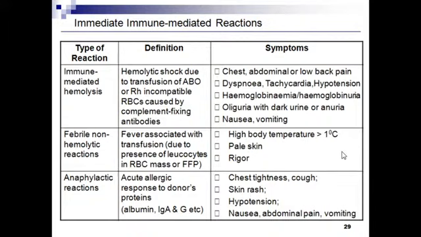The third type of immediate immune-mediated reaction is the anaphylactic reaction.